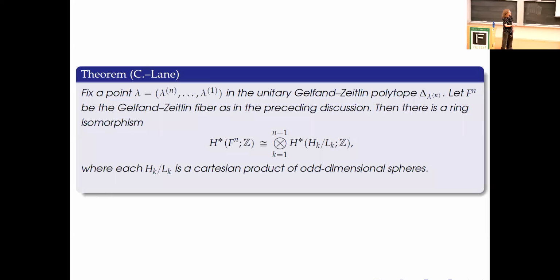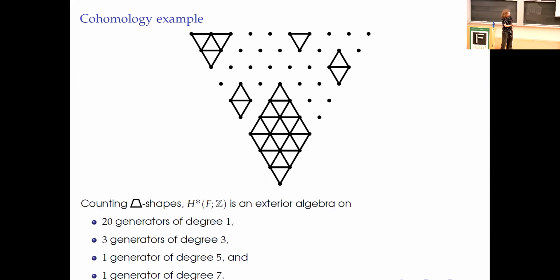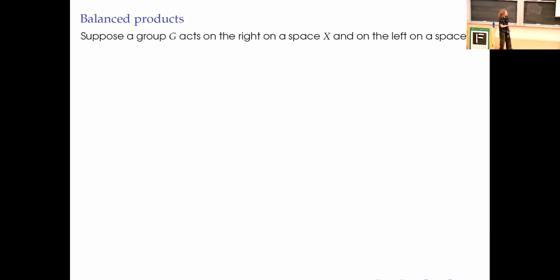And that's what gives the result, which is just that the cohomology is as though it were a product of the spheres, even though it's not. But as far as integral cohomology can see, it is. All right, so in particular, it's an exterior algebra. And so back to this example, just counting the dots and the trapezoids and upward facing triangles, you see it's an exterior algebra on generators of those dimensions.